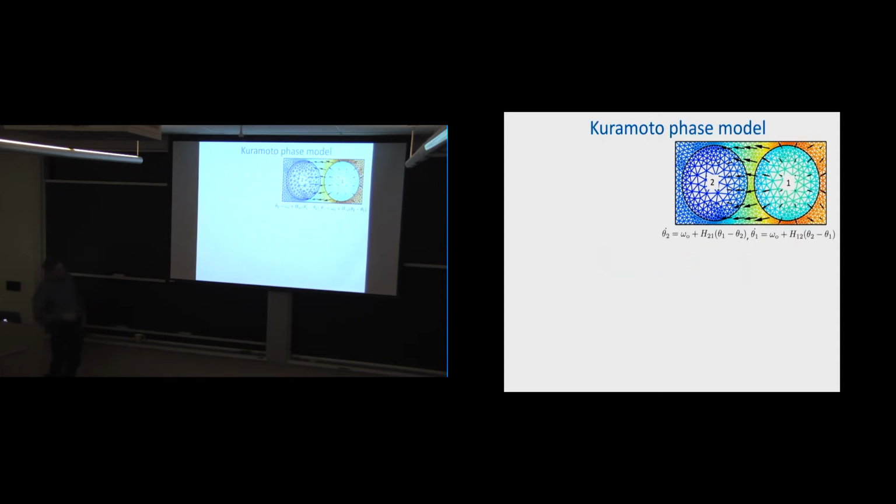And so you can calculate analytically this response. This is the so-called Kuramoto phase model, where you have a phase-dependent interaction function. And then that tells you how much this drop changes in phase with respect to that one.